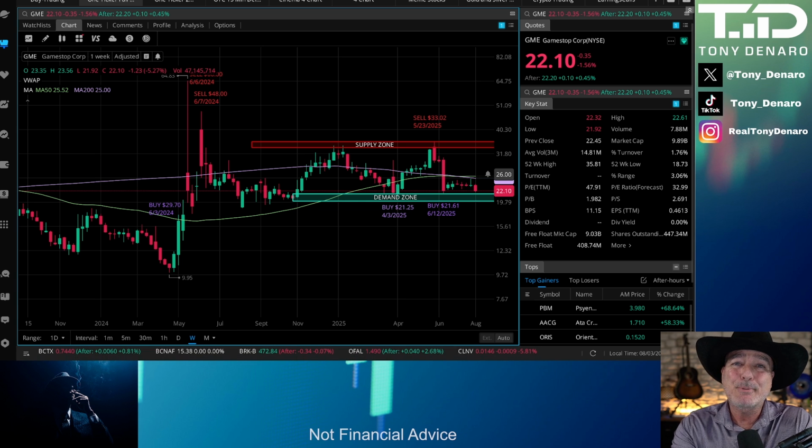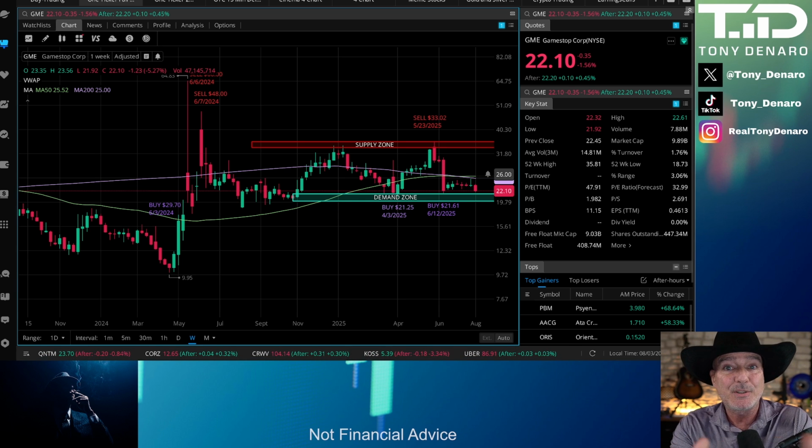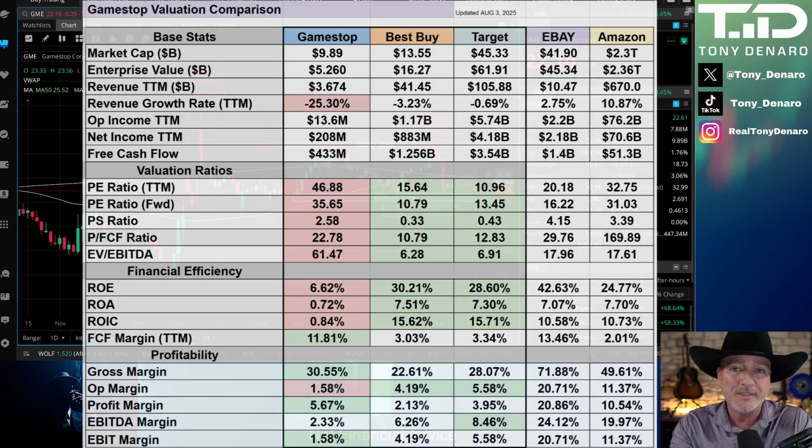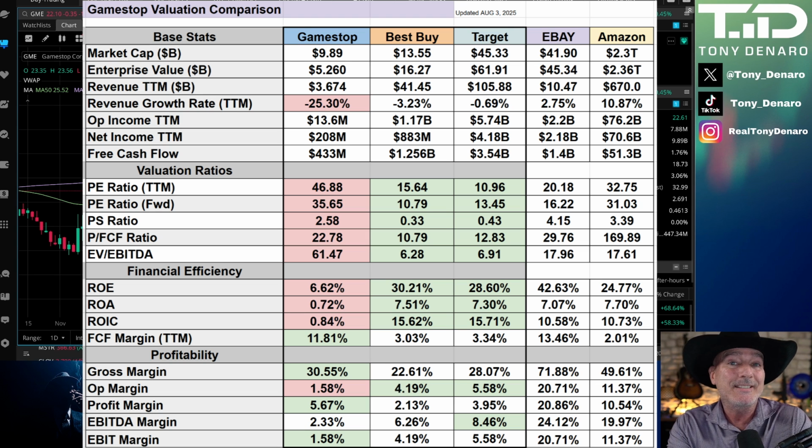To put this in perspective, let's compare GameStop to its competitors. And I've got a few of them that I'm going to put up on the screen here. We're mostly going to be talking about Best Buy because I want to focus on competitors that are in the retail sector. GameStop's trailing 12-month free cash flow margin is 11.81%. It's even better if you just look at the most recent quarter.